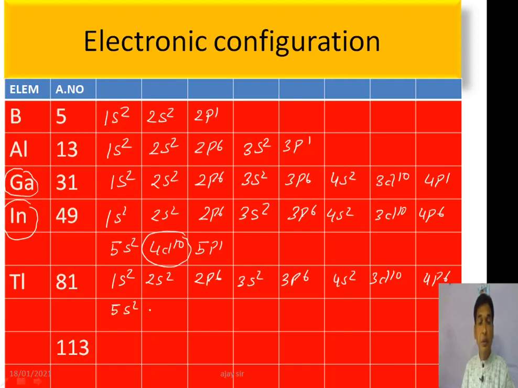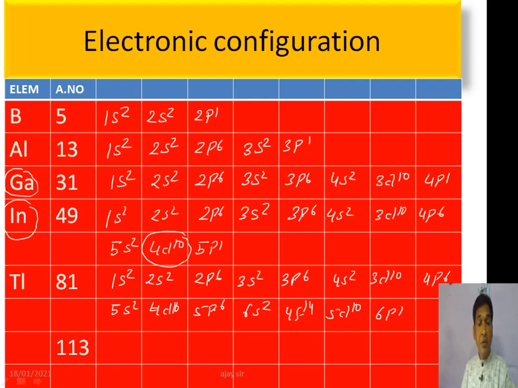Next is thallium, atomic number 81: 1s2, 2s2, 2p6, 3s2, 3p6, 4s2, 3d10, 4p6, 5s2, 4d10, 5p6, 6s2, 4f14, 5d10 and 6p1. It means there are 24 electrons in the 4f and 5d subshells. The 4f14 and 5d10 electrons do not protect the 6s electron from the attraction of the nucleus in the thallium atom.